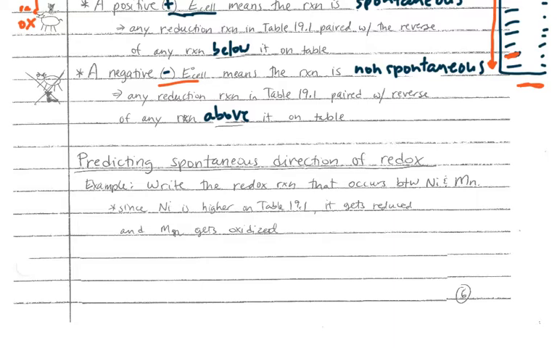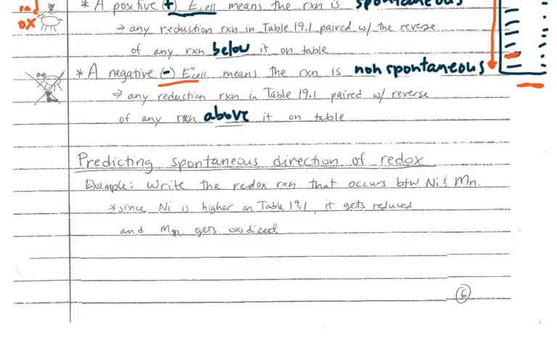So if I go to table 19.1 and I'm scanning it, I'm looking for nickel and manganese. I have found them both. I'm looking in the products to find those two metals. So I see nickel is higher on the table. It's about 2/3 of the way down, and manganese is about 3/4 of the way down.